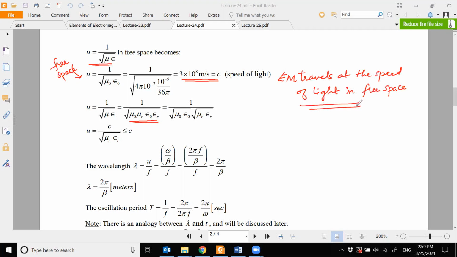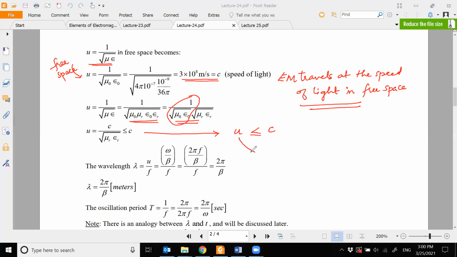Now, what about in any other medium? In any other medium, let's move mu 0 epsilon 0 outside. We are separating, and this one, we know it is the speed of light. So if I substitute this with c, it is c over root of mu r epsilon r. Therefore, in any medium, the speed will be less than or equal to c.